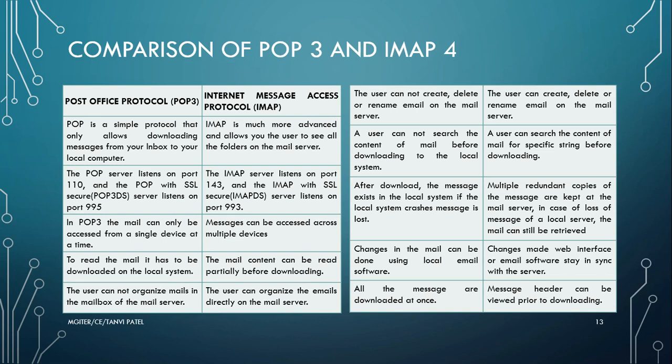In POP3, changes in the mail can be done using local email software, and in IMAP4, changes can be made via web interface or email software. In POP3, all the messages are downloaded at once, and in IMAP4, message headers can be viewed prior to download. This is the comparison of POP3 and IMAP4.